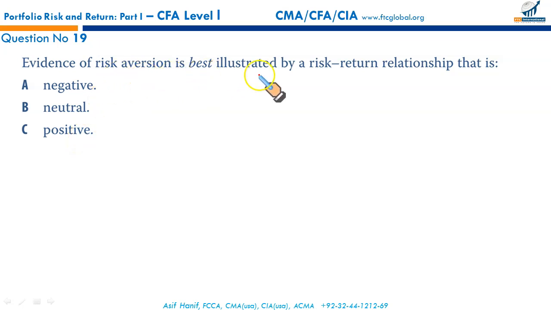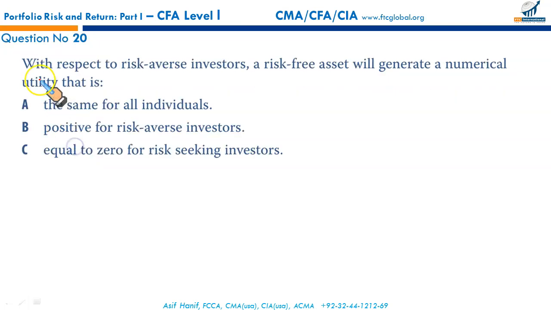Evidence of risk aversion is best illustrated by a risk-return relationship that is positive. C. With respect to risk-averse investors, a risk-free asset will generate a numerical utility. This is how we calculate utility: expected return minus 1/2 risk aversion times the variance.